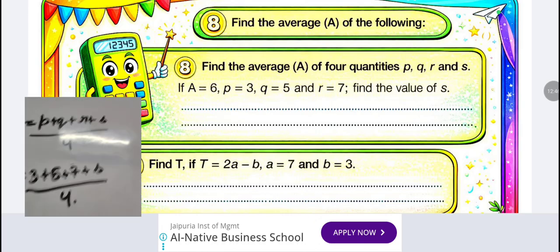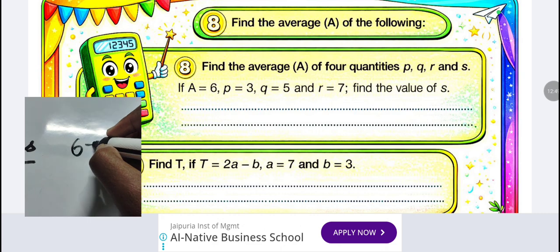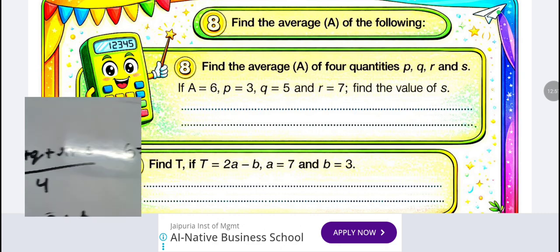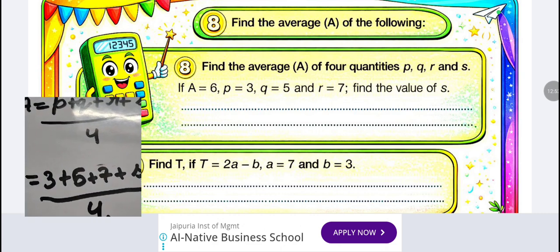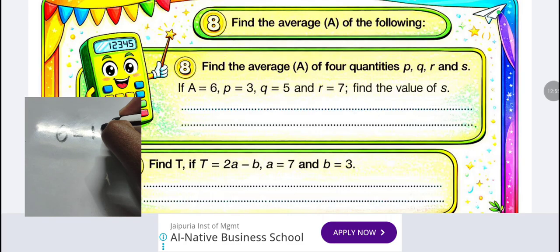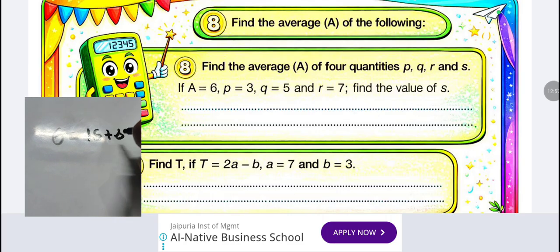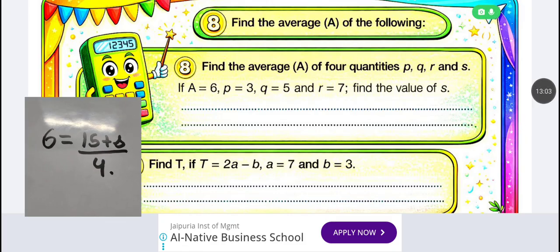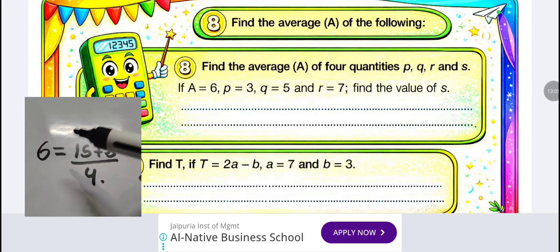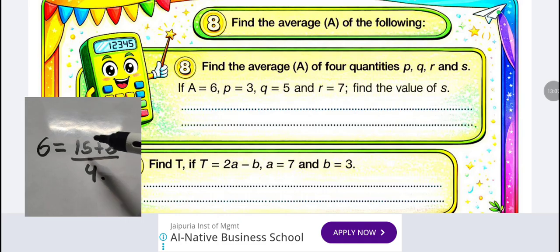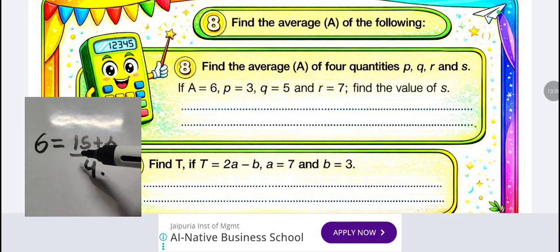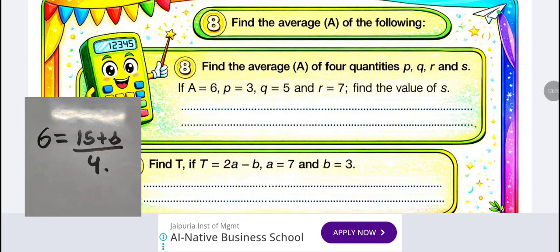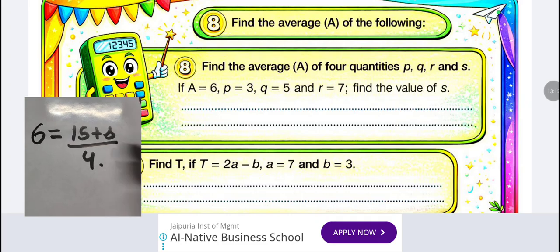Now we will do from here. 6 equals 15 plus S upon 4. I was correct. I am just rechecking in this step. I could be wrong, but I am right.